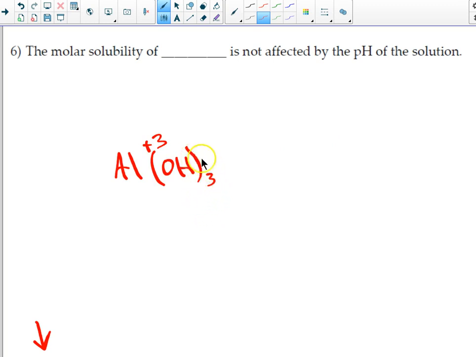So if the pH is different, more and more of this will grab more OH, and that will affect the solubility. Okay? But if it's strong and strong, it will have nothing to do with it. I know this one's the tricky one, but you can read it. It was in yesterday's lecture for just a couple minutes too. You can read about how pH affects the solubility.